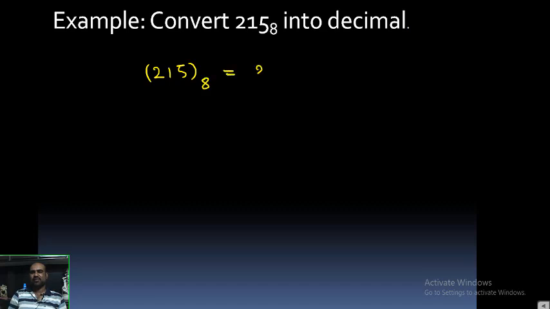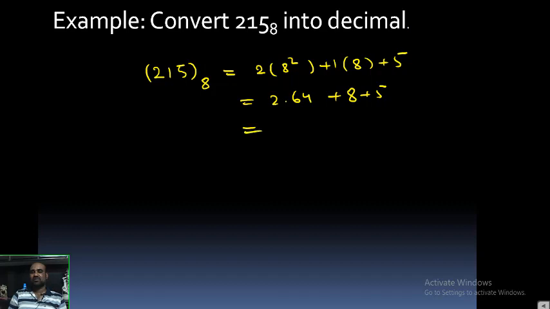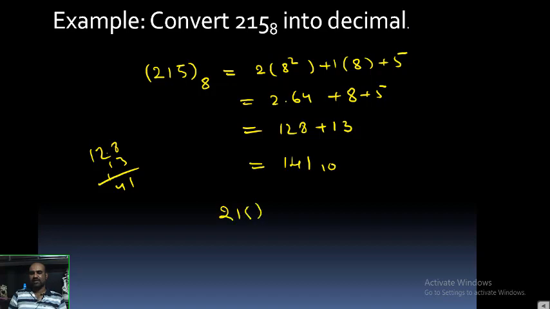Directly we can convert, that is not a big problem. 2 into 8 square plus 1 into 8 plus 5. 8 square is 64, so 2 into 64 is 128, plus 8 plus 5, this is 13. 128 should be added to 13, so 141. Then I can write 215 base 8 is equivalent to 141 base 10.